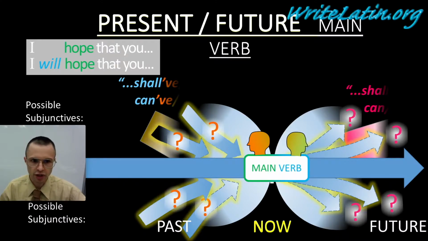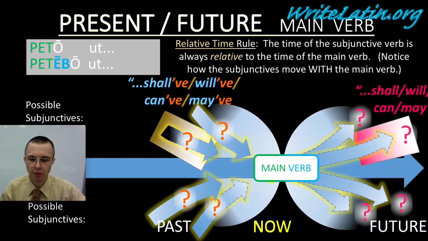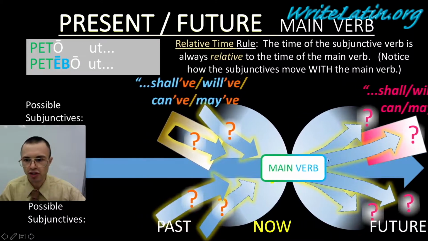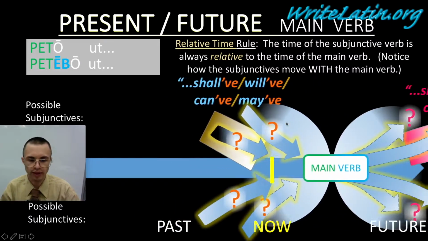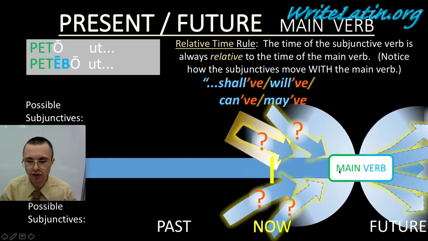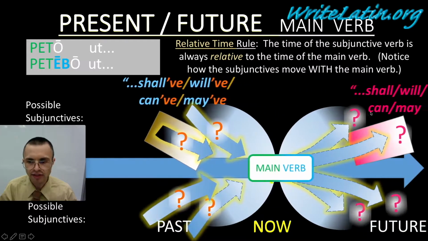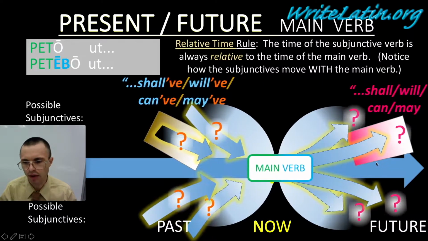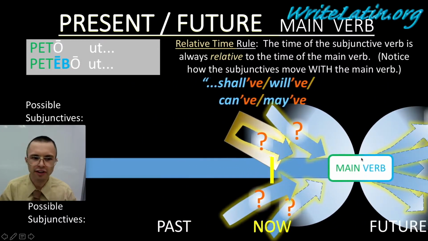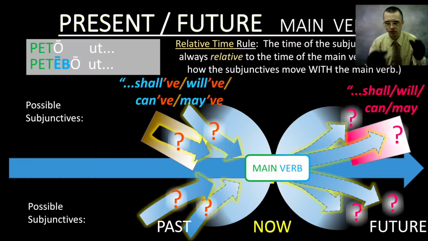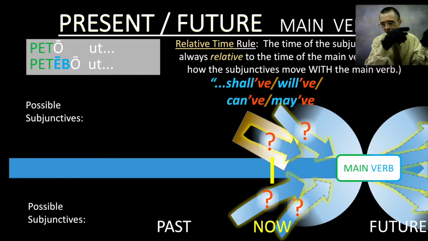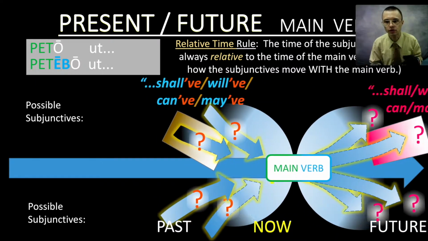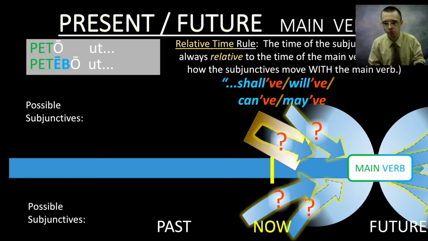Notice how as the main verb shifts from future to present, the cloud of subjunctive possibilities shifts with it. So wherever that main verb goes, any given subjunctive in its cloud is relative to its time. All right, so this is called the relative time rule, that the subjunctive is only secondary, and its exact time on the timeline can only be determined after you determine the time of the main verb, which is primary.